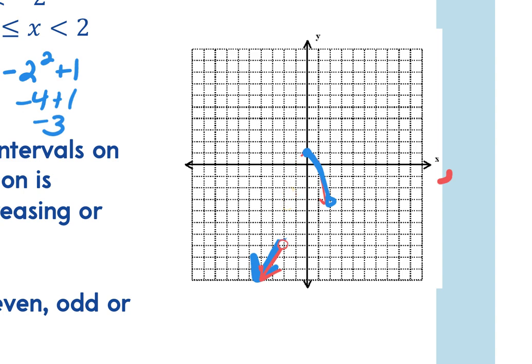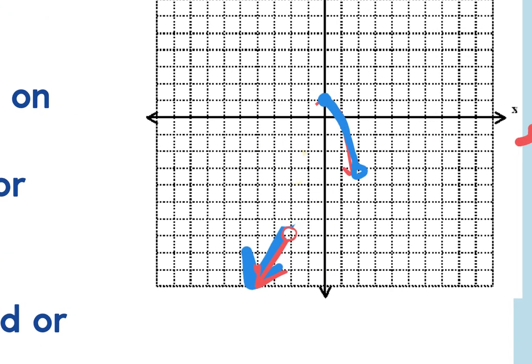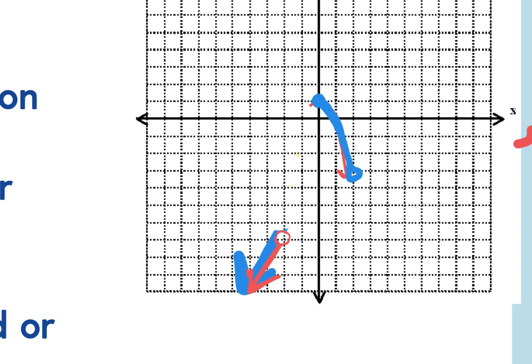So here is my piecewise function, and I left you space for a reason, okay? Because I want you to understand what happens with your domain and range here. So if domain goes left to right, what's the furthest point left on this graph? Negative infinity because it's an arrow, right? So I'm going to go from negative infinity up to the first time my graph stops moving left to right, which is what x?